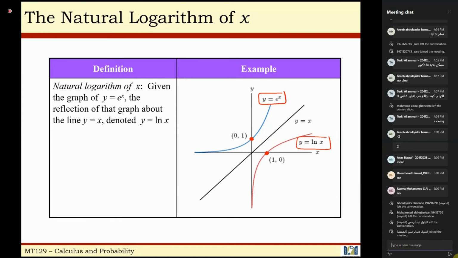Look at this: we have the point (0,1), so we have (1,0) in the inverse, so we swap the x and y coordinates. If we have a point (a,b) on the function, in the inverse it becomes (b,a), okay? So we have the point (0,1) on e to the power x, and (1,0) on ln x. Any point (a,b) here, in ln, is equal to (b,a).